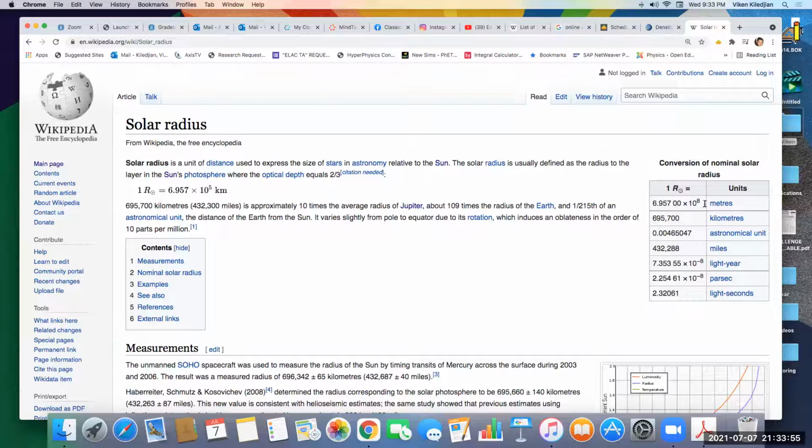Okay, so this is the radius of the sun: 6.957 times 10 to the 8 meters. 6.957 times 10 to the 5th, if you want it in kilometers. Let's just write it in kilometers. It doesn't matter, either kilometers or meters. So 6.957 times 10 to the 5th kilometers.